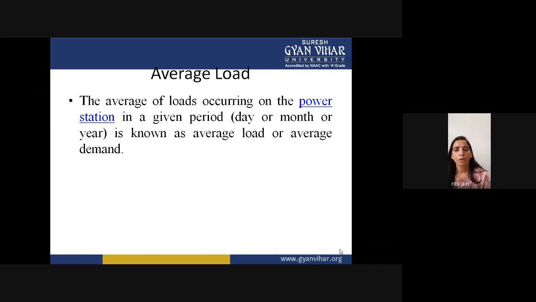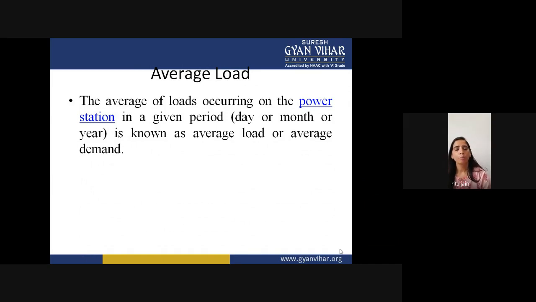If you want to calculate this load for a month, then you have to divide it by 30 into 24. If you are calculating for a particular year, then you have to divide this load by 360 into 24. So by this calculation we can easily calculate the average load.